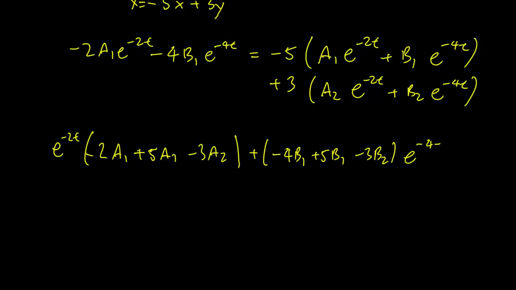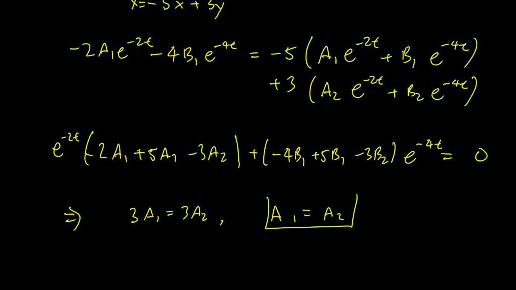So we need both of these to be equal to 0. So this implies that 3a1 = 3a2, so a1 is in fact equal to a2, and that eliminates one of our constants.